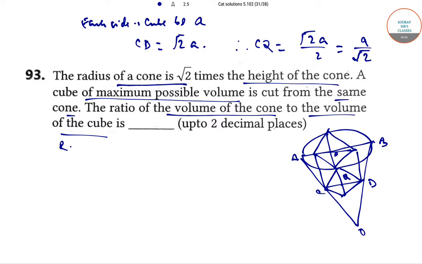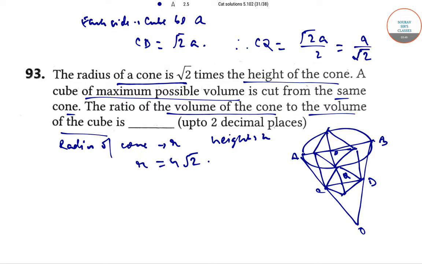Now let the radius of the cone be R and height be H. Then R is equal to H root 2.